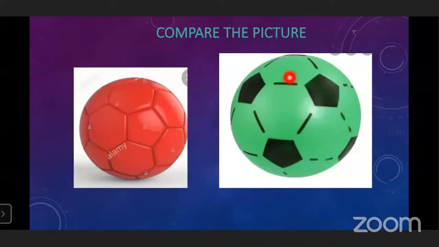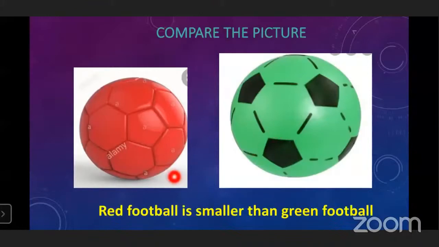Yes, red and green. If we compare the balls, we can say that the red football is smaller than the green football. Here also I took red first. Why?